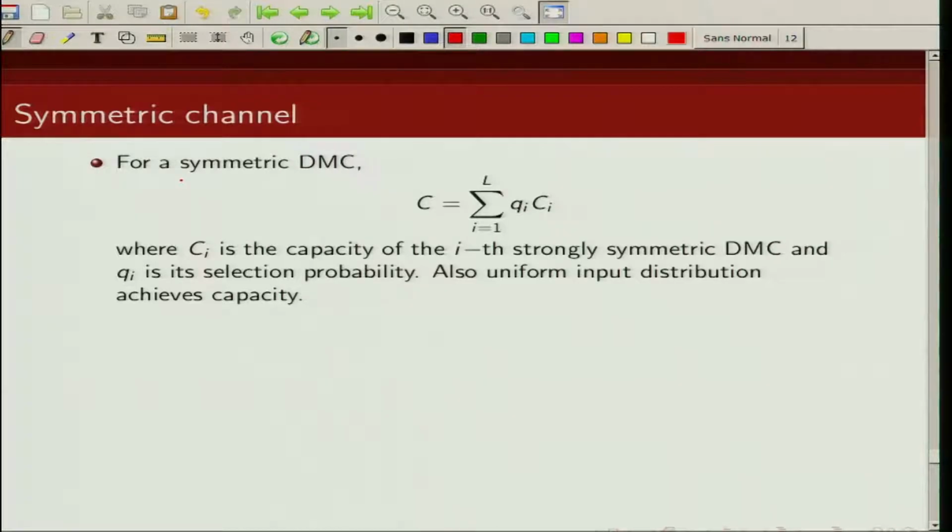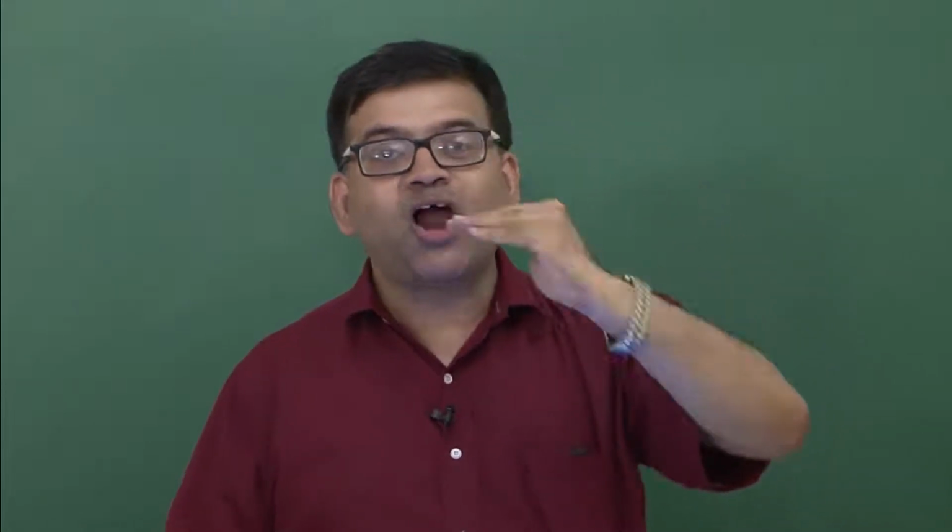So, for a symmetric discrete memoryless channel, the capacity is given by this expression, which is the sum of the capacities of these individual discrete memoryless channels multiplied by their selection probabilities, over all L such channels.